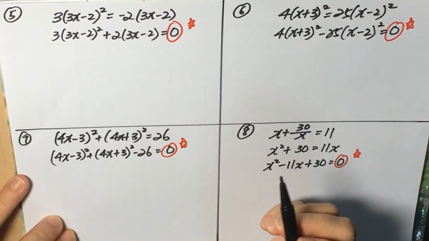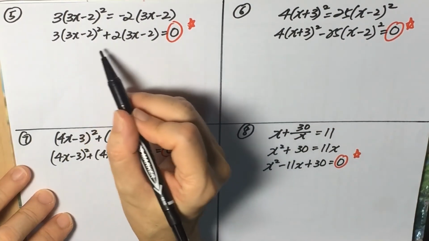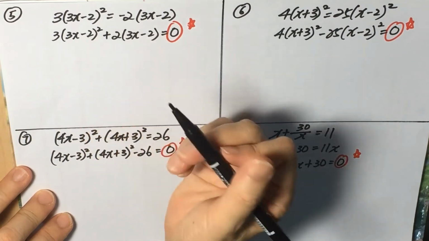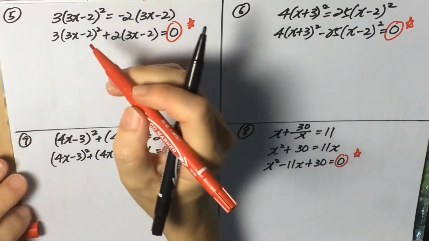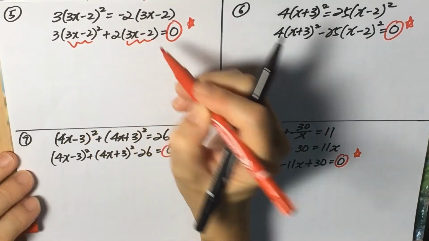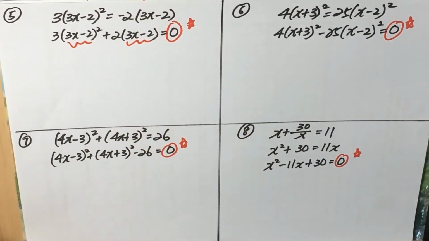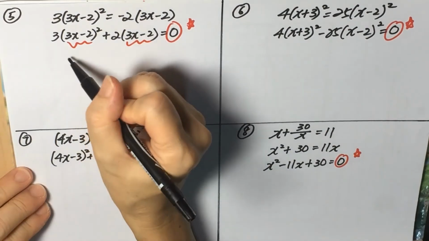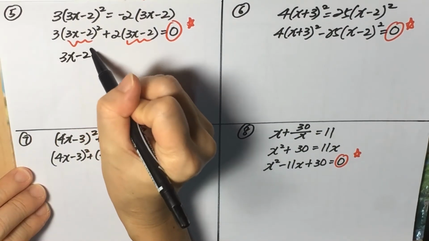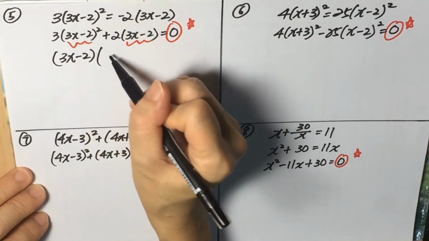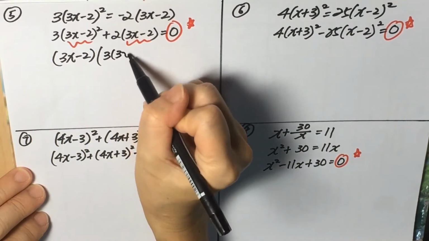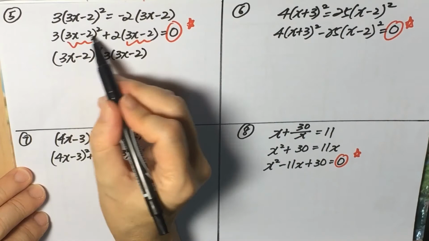Next, I'm going to simplify this by factorizing it. You can see that there is 3x minus 2 in both terms, so the common factor is 3x minus 2. If I take out 3x minus 2, I am going to get 3 times (3x minus 2) for the first term.